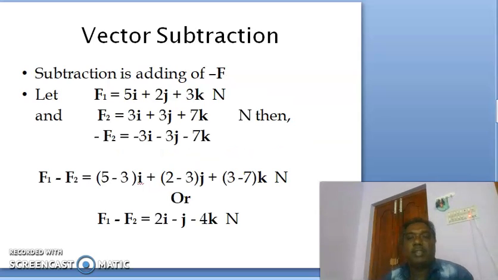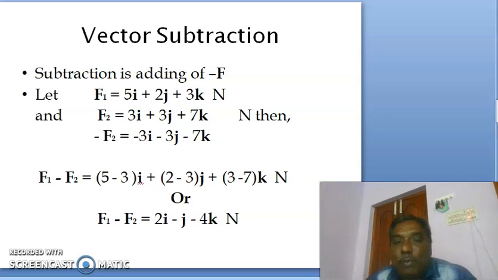Next is vector subtraction. Vector subtraction is very much similar to vector addition, but the small procedure we follow here is, instead of directly subtracting the plus F2 vector from F1 vector, we add the minus F2 vector to the F1 vector.